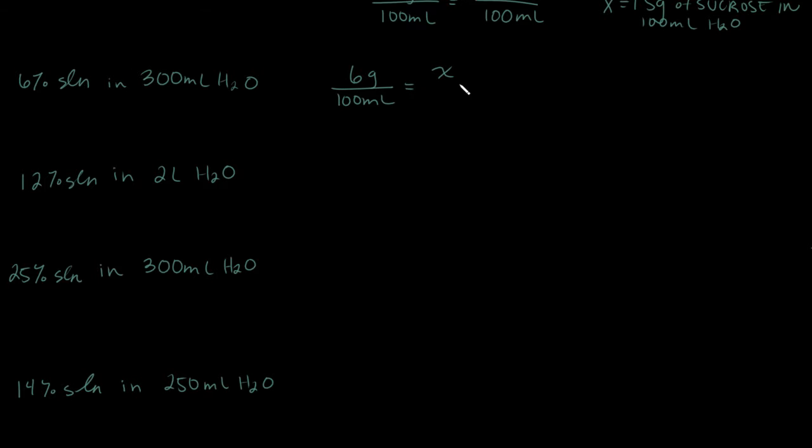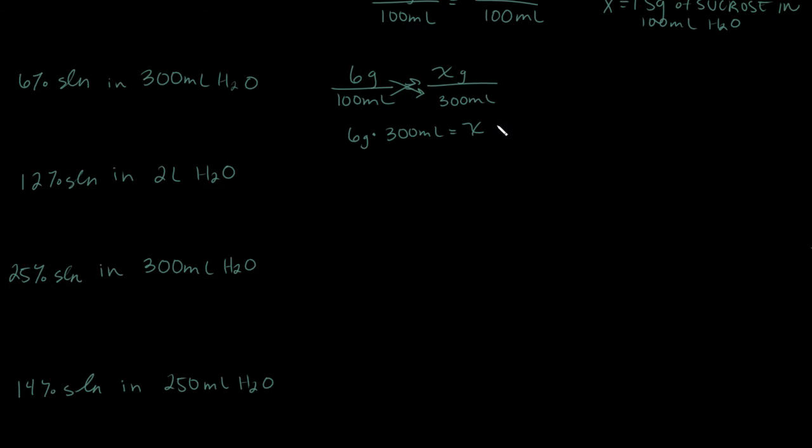We have an X mass per 300 milliliters. Now, this time isn't as clear, and so I'm going to cross multiply, and then I'll have 6 grams times 300 milliliters is equal to X grams times 100 mils. I want to get X by itself.